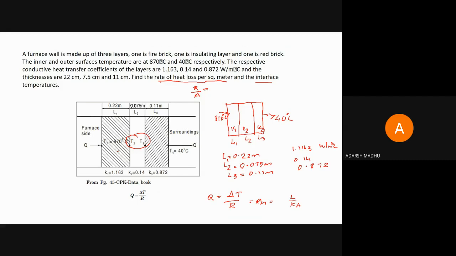R is given as L by KA. A is unity, so R can be found by using the equation L1 by K1A plus L2 by K2A plus L3 by K3A. Here all A is taken as unity, so we can take the A outside: 1 by A into L1 by K1 plus L2 by K2 plus L3 by K3.